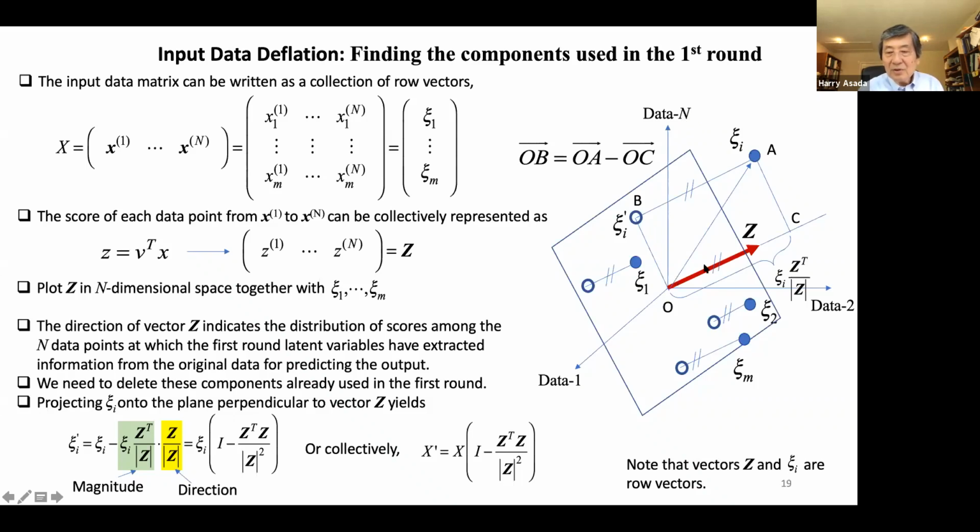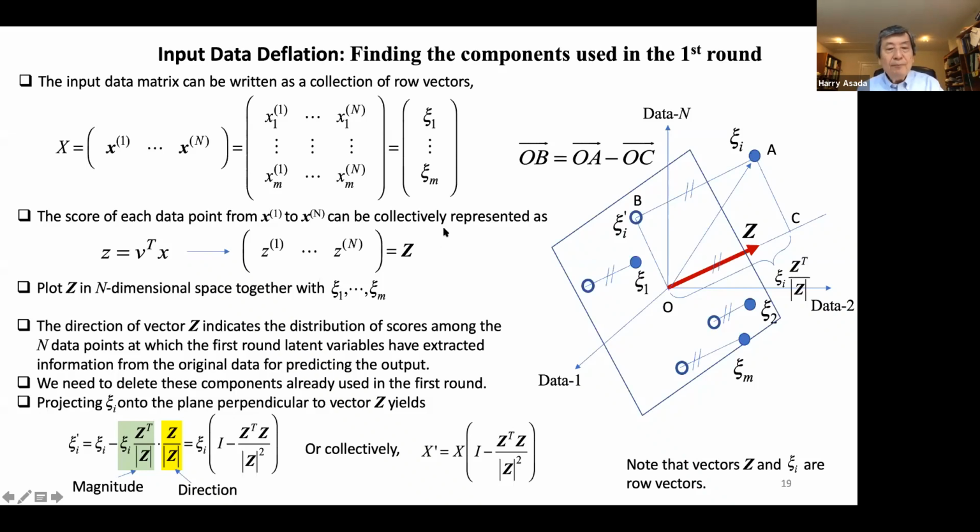And first we plot the z, consisting of these components. It takes some particular coordinates in the N-dimensional space, right? And actually, this is the direction. Again, we have used the information from the original input data matrix in the first round.